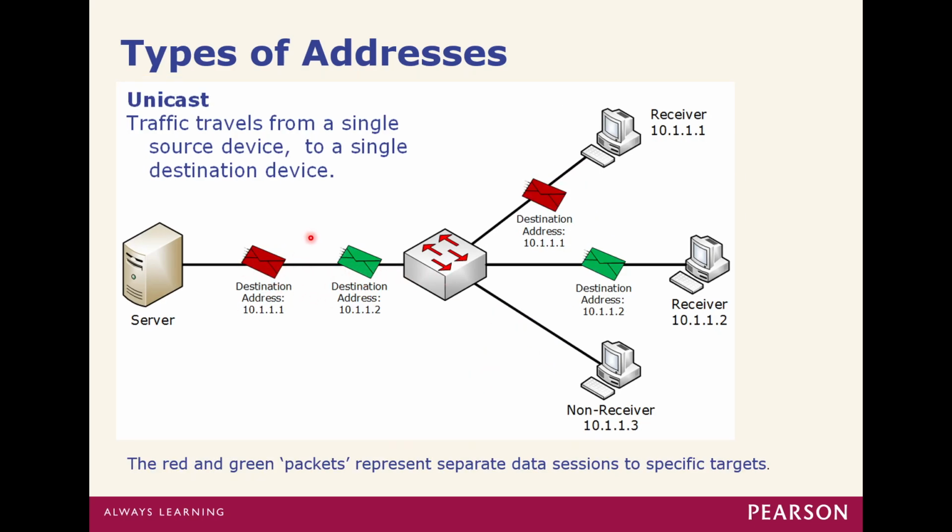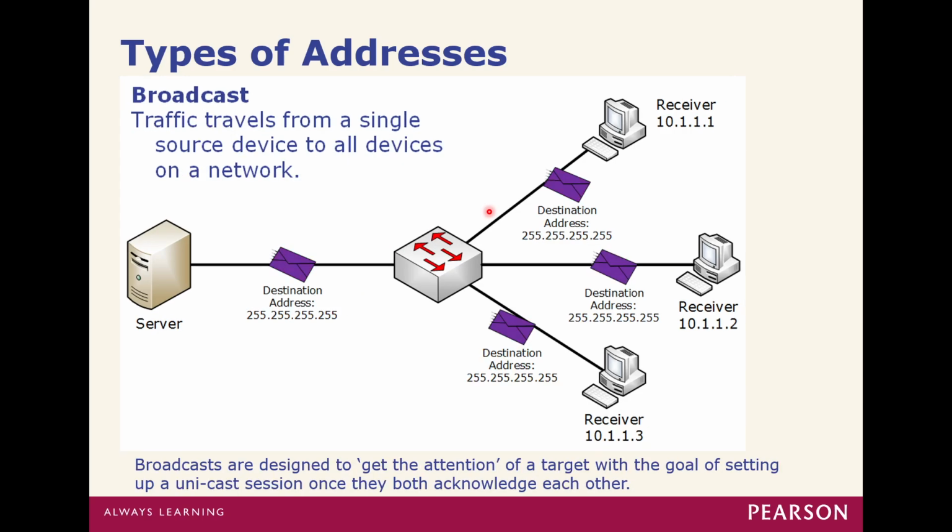That's why we have them separate, red and green, because only this one is for this and this one for this. Now broadcast, you have one message that basically uses the last address that you have in here to send to the receivers. So all the receivers will receive this data from one message or one packet only.